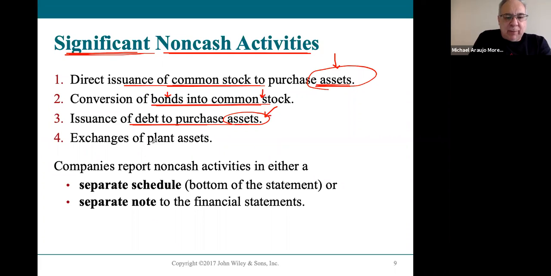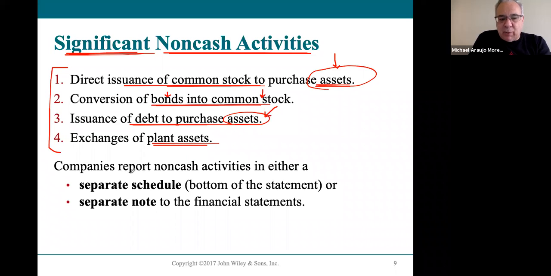And then, of course, you might remember way back in chapter 9, when they might exchange one asset for another. There's no cash involved there, so it's a non-cash activity. Although these are significant because they change the balance sheet in a big way, they don't involve cash, so they wouldn't be a cash flow activity.